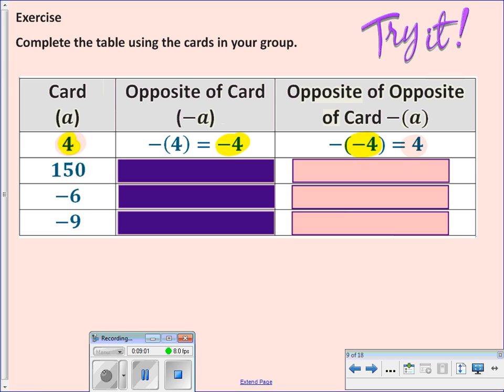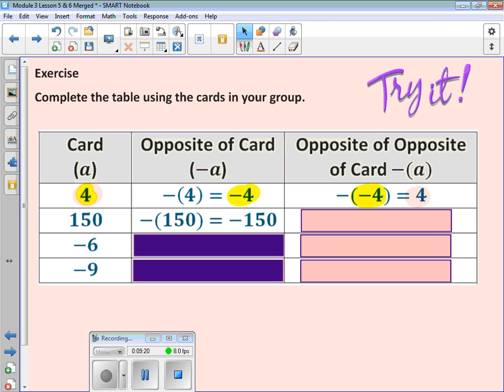All right, so 150. We'll use our parentheses to put the case around it. And then we want the opposite of that. So the opposite of 150 is negative 150. So I'll put my little protective casing around my new number.